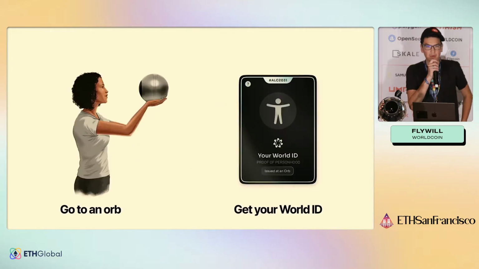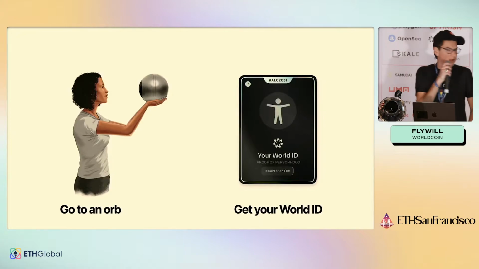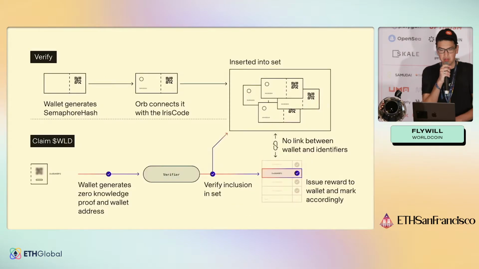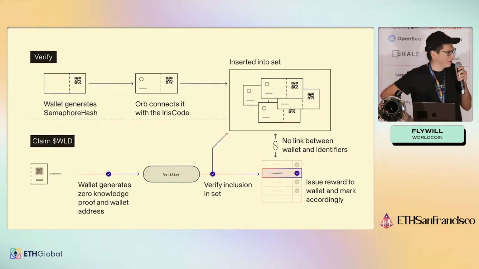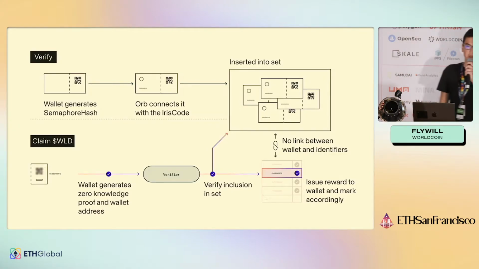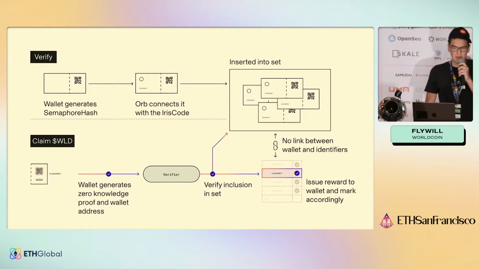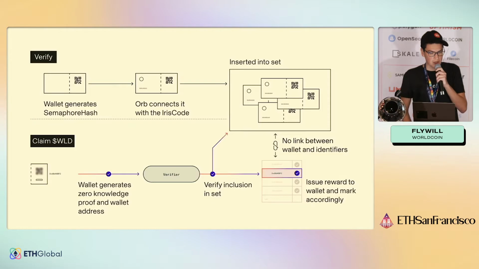So from a user's perspective, first the user goes to an orb. The orb does this check I mentioned, and then issues a World ID. In the background, what's happening is the WorldCoin app is generating a random secret, and it's showing the public part of that secret to the orb in a QR code.